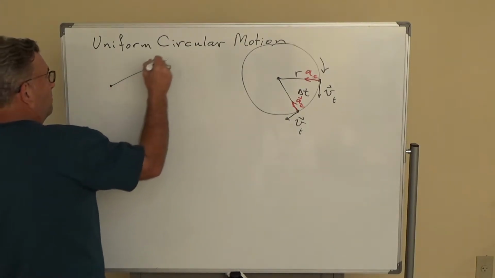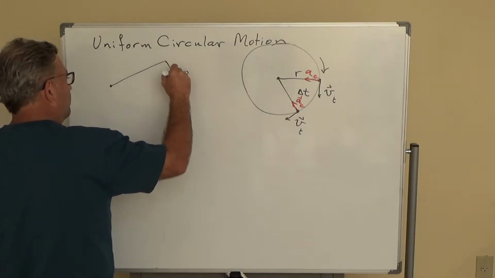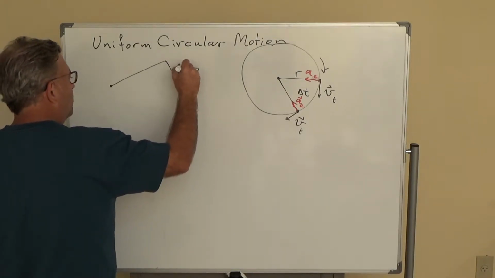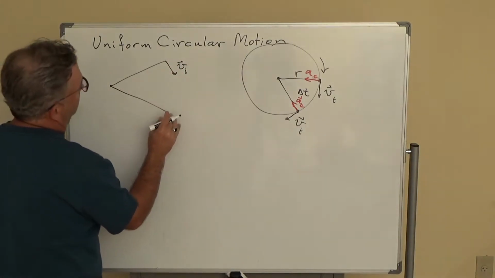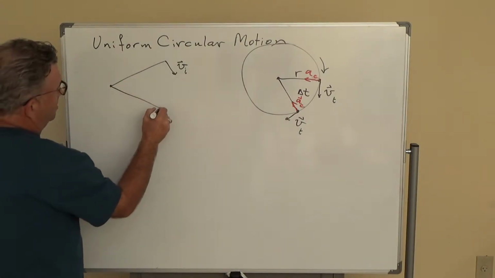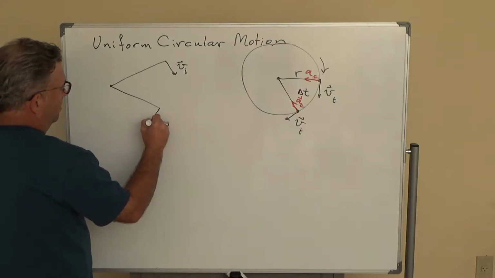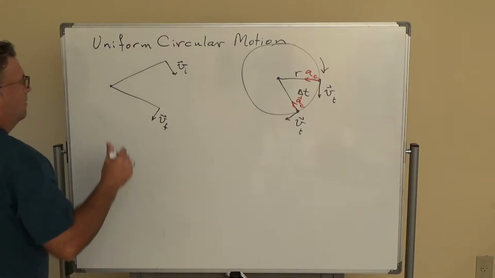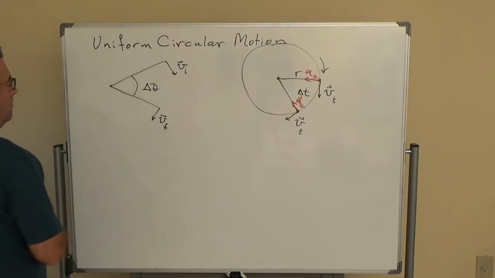This is the center of the circle. Here's a little segment of the circle. Call this V initial. And let's say it's moving like this, clockwise, like I have over there. And this is V final. It's moving this way. This is delta theta.